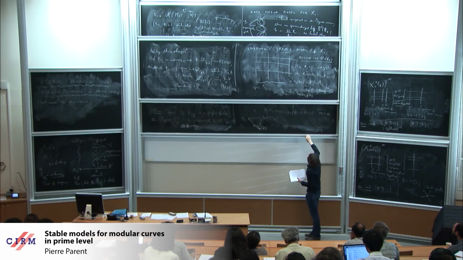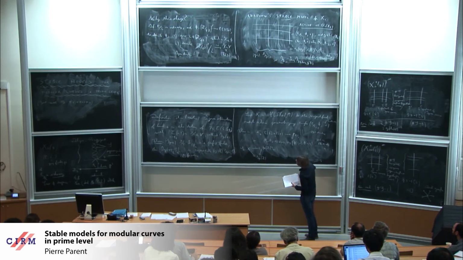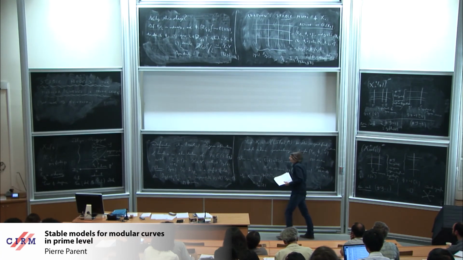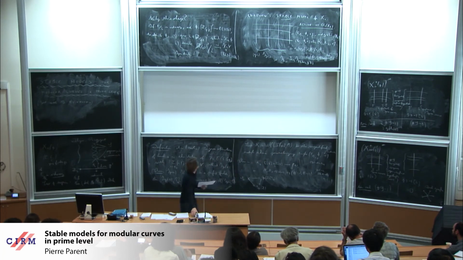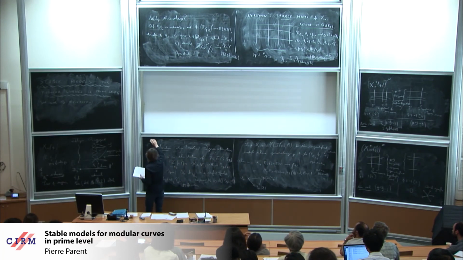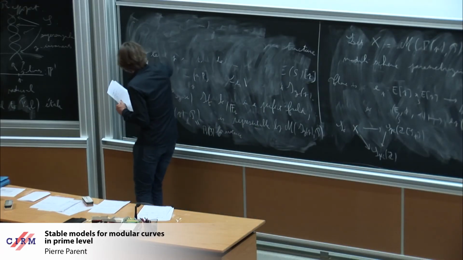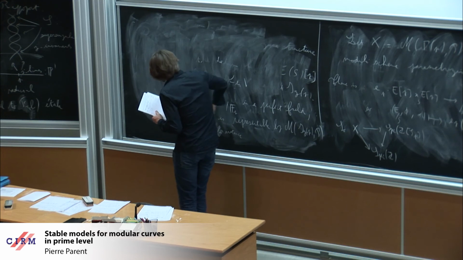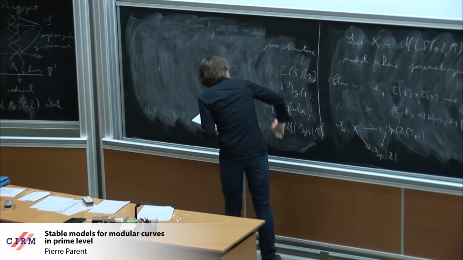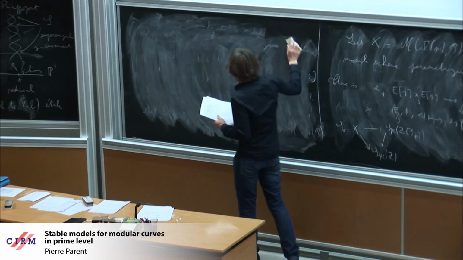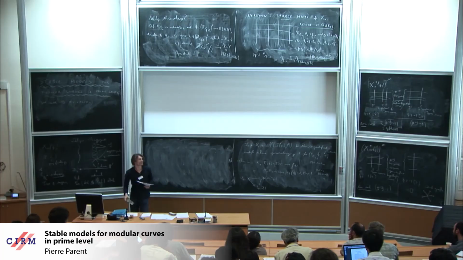Good. We have a description of the action of GL2 of Fp on the vertical components, but we can also prove a very precise action of G on the horizontal components, which appear on the stable model of Edixhoven. And now, using that, we can just take the quotient to obtain our model for the non-split curve.